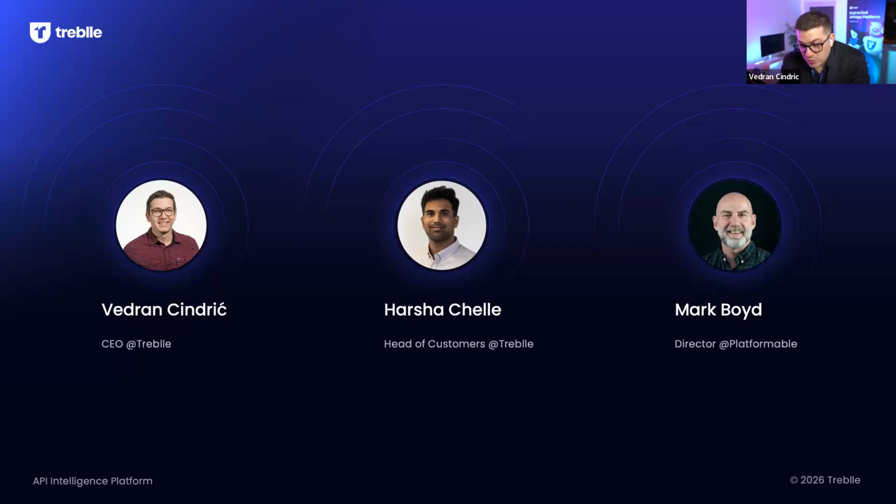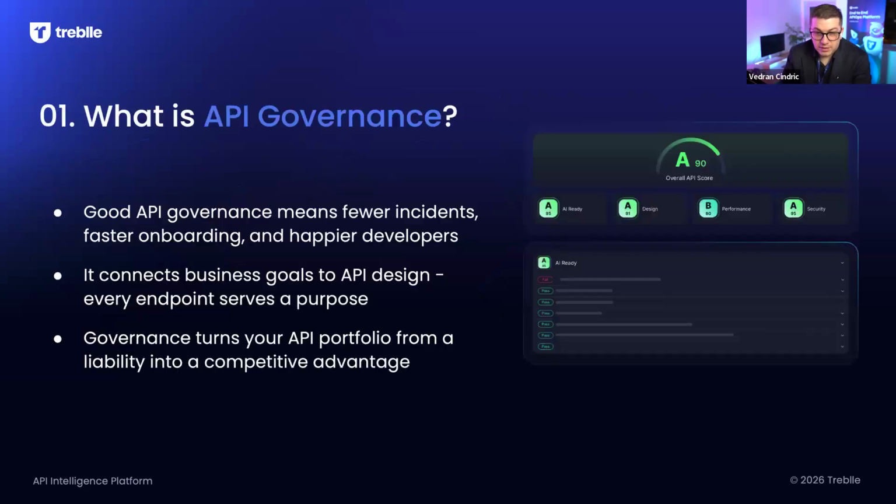Now, let's move on to the first conversation point of the day: what actually is API governance? I laid out three talking points, which I'll cover. I think a lot of people talk about a lot of different things in every organization.